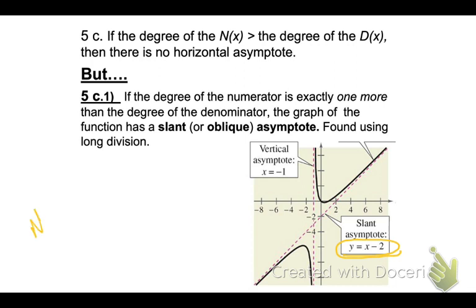No need for the remainder. Okay, I don't care about it. Get the y equals mx plus b and stop. Normally you would finish, but when you're using it for slant, you don't need to even acknowledge it exists.